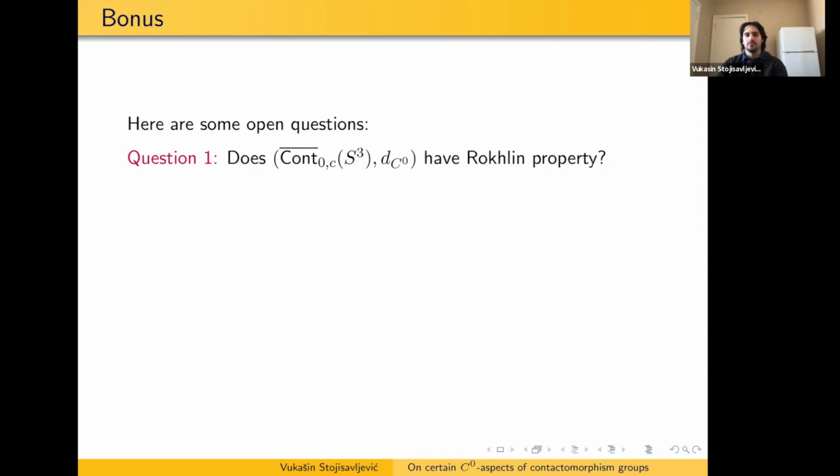I don't know, because the papers I cited of Dylan Kent and Georgievich, Uljarevich, and Zhang, and the work in progress of Albers, Shelukin, and Zapolsky, actually deal with closed contact manifolds, and exactly of this type. They are pre-quantization bundles. So this S3 is a very good case to try.